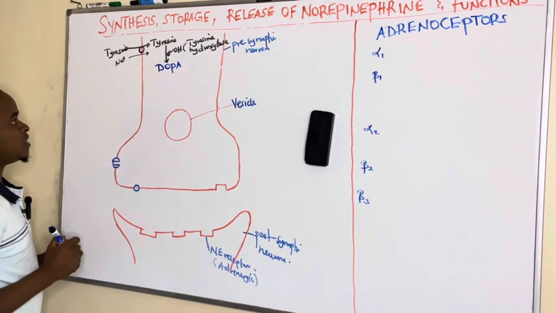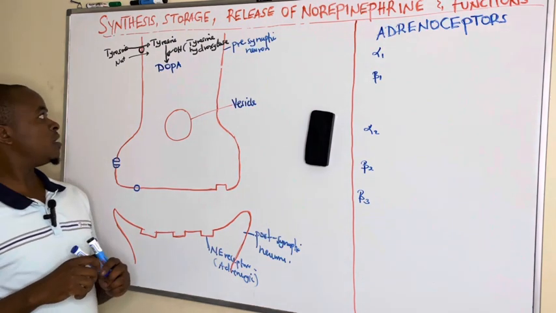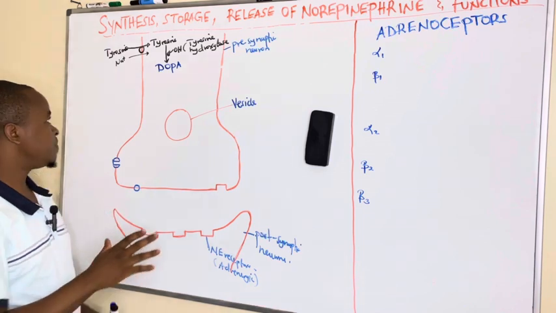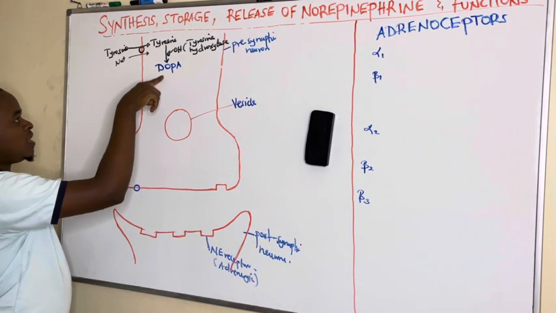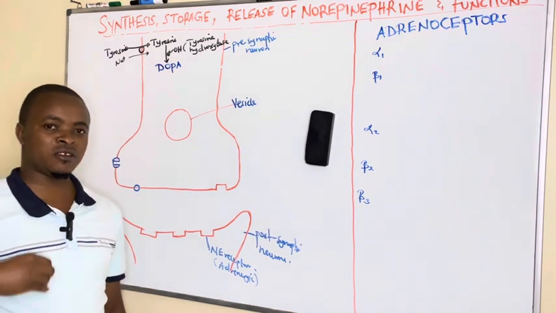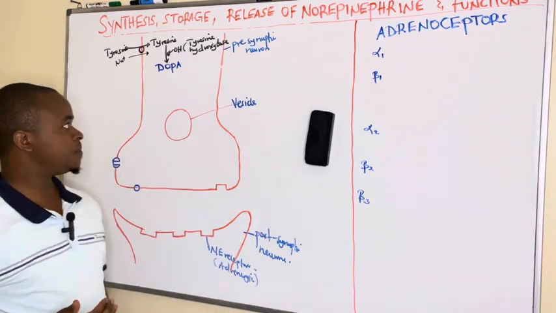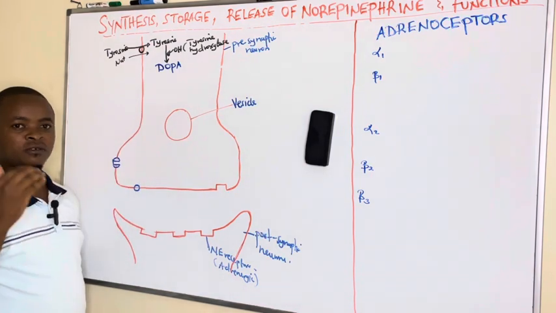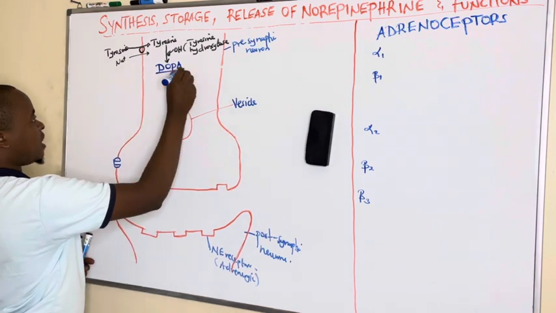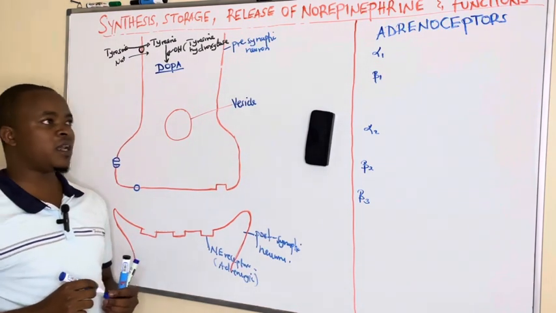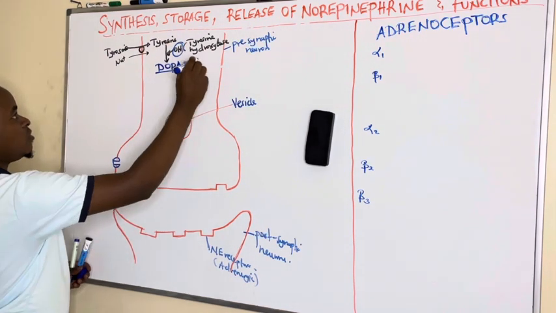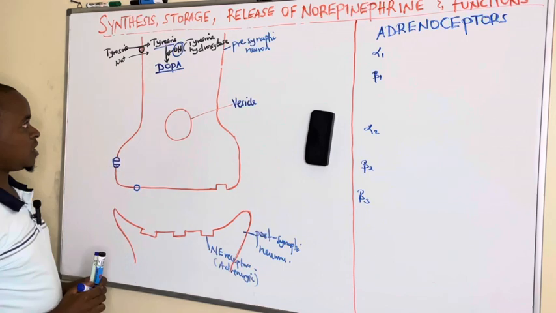DOPA in full is dihydroxyphenylalanine, which is formed after addition of this hydroxyl group to tyrosine by tyrosine hydroxylase.